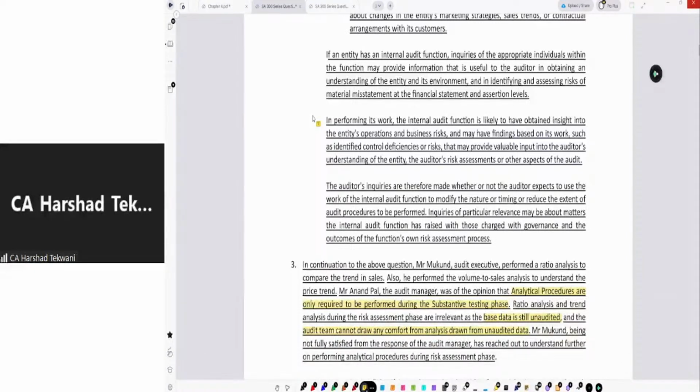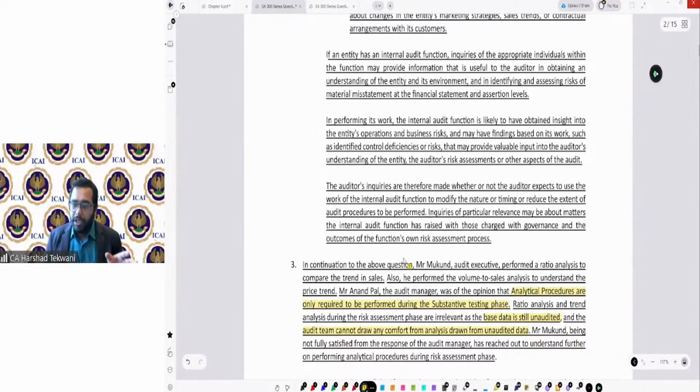Whether analytical procedures can be performed at the risk assessment phase. If yes, then why? If no, then again give the reason. You need to provide and understand why it is necessary to perform.